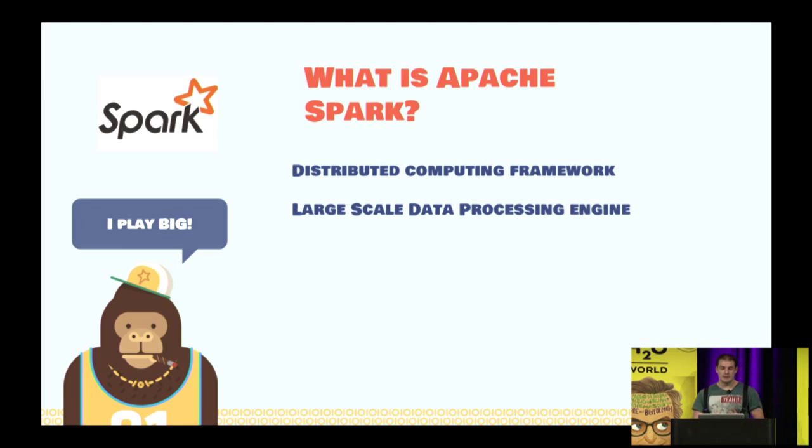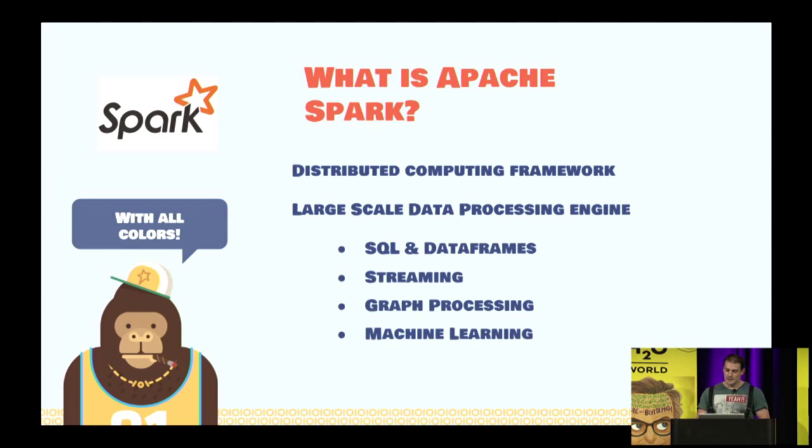Spark is a distributed computing framework, a general-purpose, large-scale data processing engine. It's very generic, and it provides very interesting interfaces. For example, Spark SQL provides really interesting optimization for the execution of the process you want to define, if you can define it with the SQL algebra, I mean.